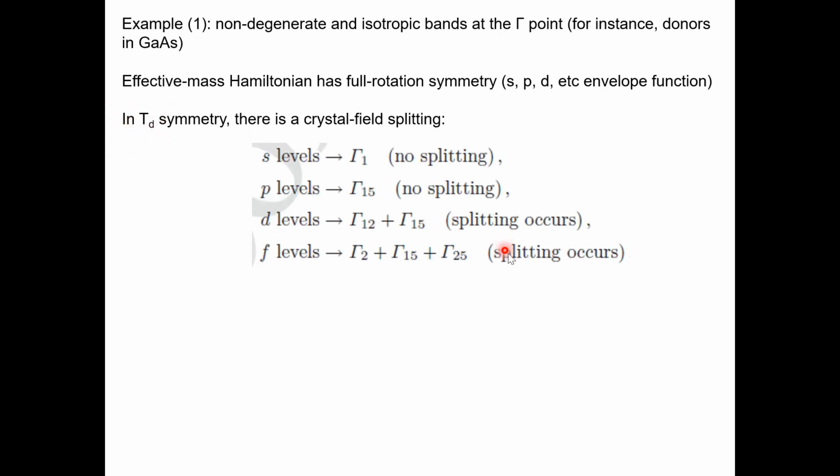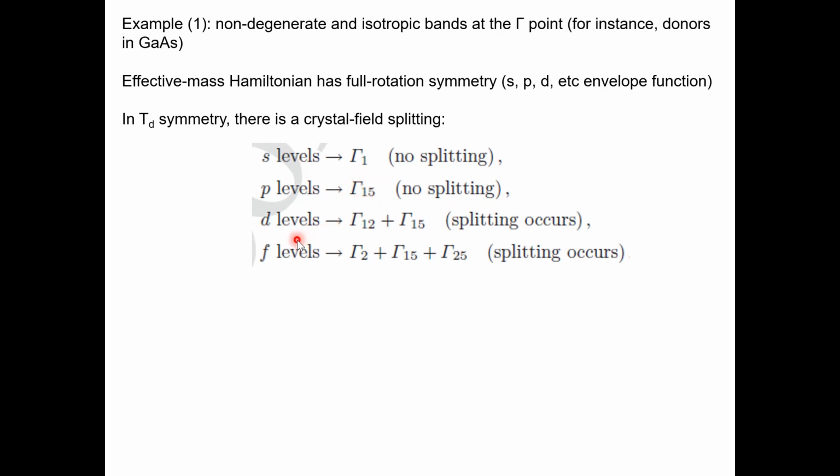These are solutions of the full rotation group, and you have to see how these different solutions split under Td symmetry. And we have done this exercise before. So the S levels, meaning the S envelope functions, will not split. The P levels will not split as well, and are going to be threefold degenerate with Γ1,5 symmetry.